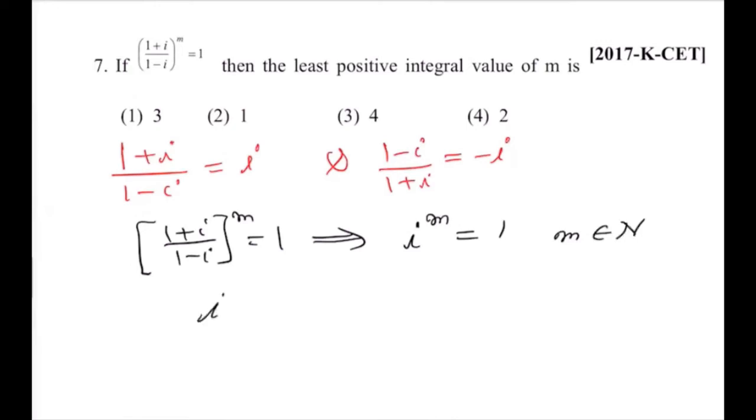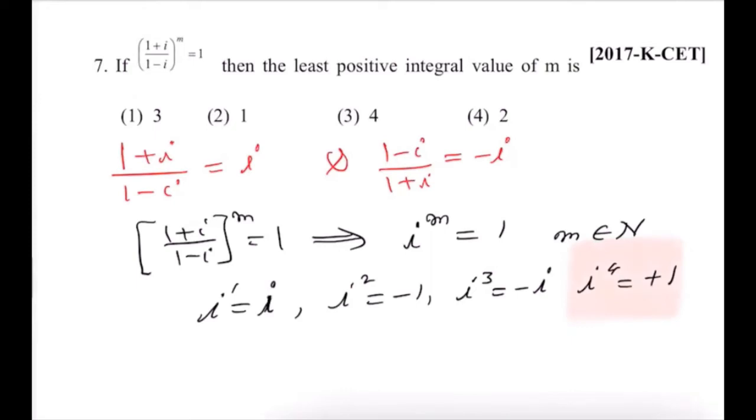So when m equals 1, i to the power 1 is i, i square is −1, i cube is −i, and i to the power 4 is +1. So the least value for which i to the power m becomes 1 is 4. So m equals 4. Third option is the answer.